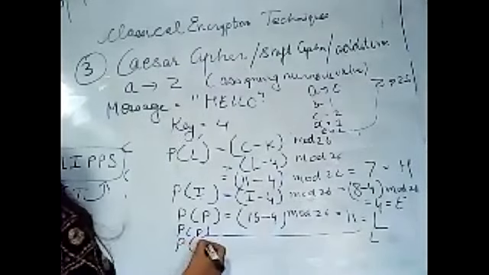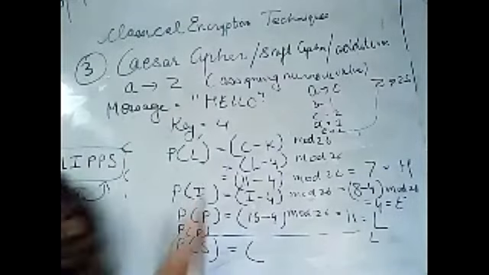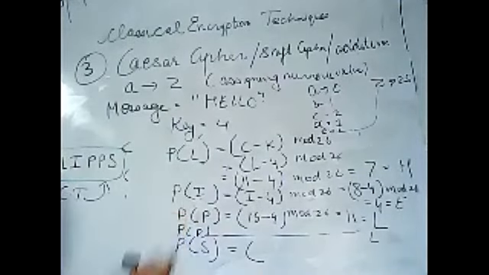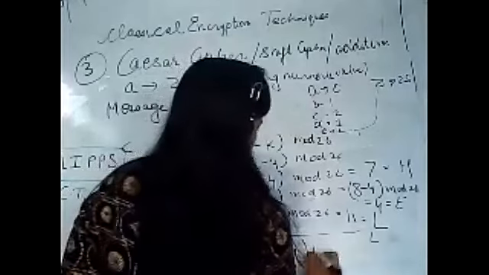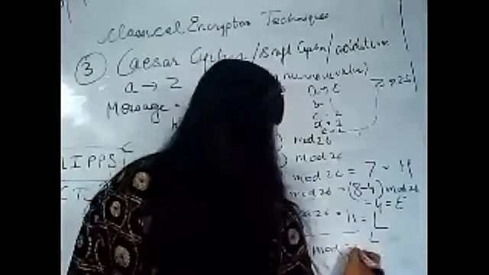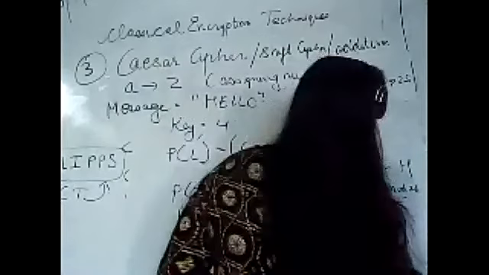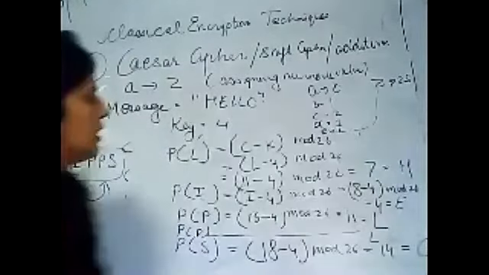Now last is the S. So again what we will be doing? Ciphertext. What is the value of this S? Here from this particular chart, what value of S we are having? 18 minus 4 mod 26. And what answer will we be getting? 14. 14 is represented with the character O. What has it generated?